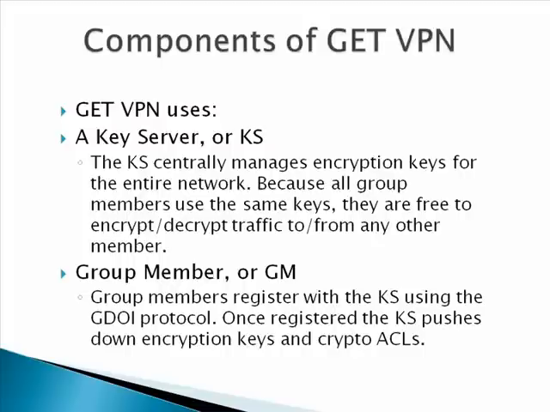And again, all they're doing is using a simplified process where they register to the key server, get their encryption keys and their IPsec SA pushed down to them, and that includes, again, encryption keys and your crypto ACL to let you know what you're going to be encrypting. Once you have that, then you're free to encrypt and decrypt across your network.